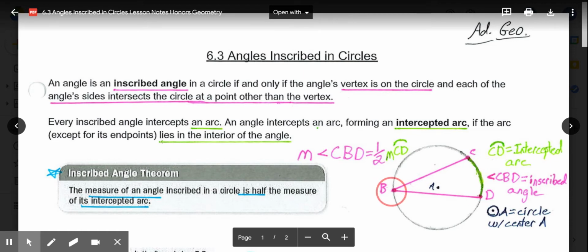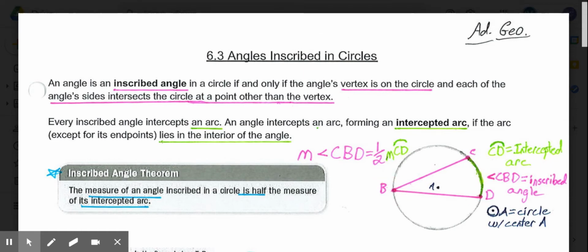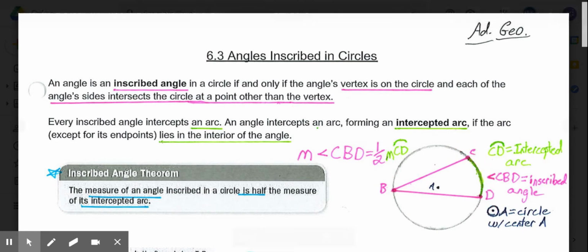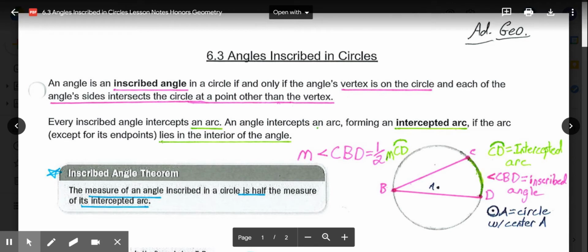The vertex B is on the circle and its other two points are on the circle, not the same as point B. If we extend this side forever and this side forever, they intersect the circle at two different points that are not the vertex. So this is what an inscribed angle looks like.